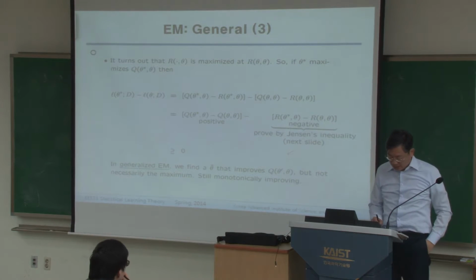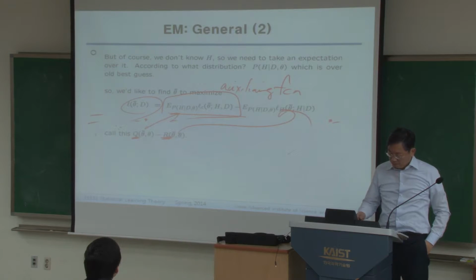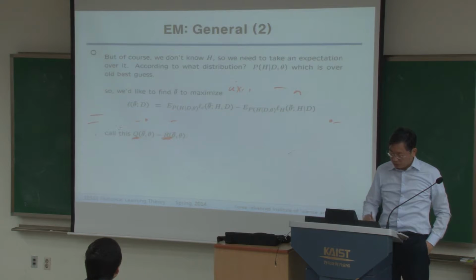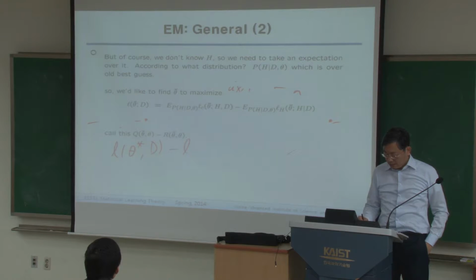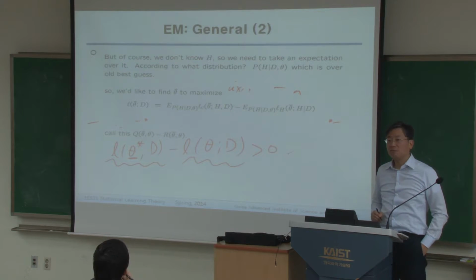So you need to maximize. What I'm trying to say is this all boils down to this: I looked at L of theta star given D and L of theta given D, where theta star makes this thing maximum, let's assume. So I want this difference to be positive.